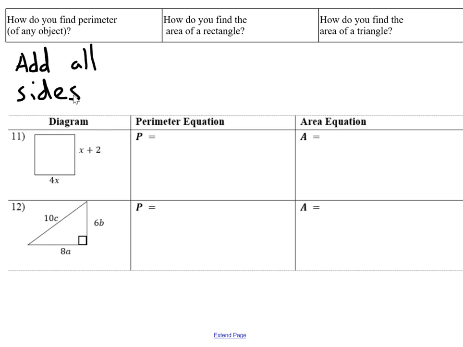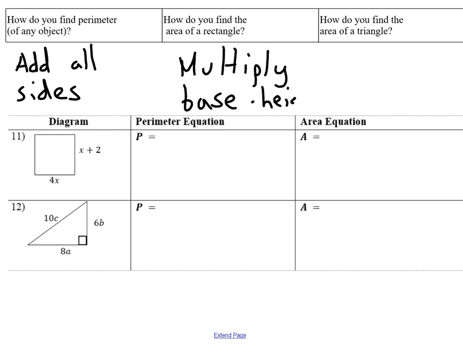You multiply base times the height. How do you find the area of a triangle? You multiply 1/2 times the base times the height.